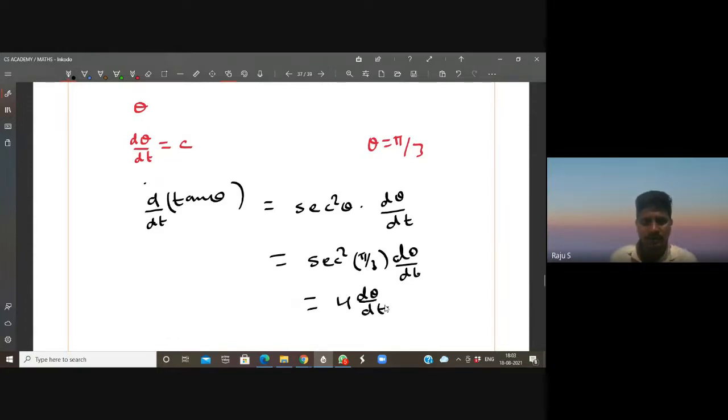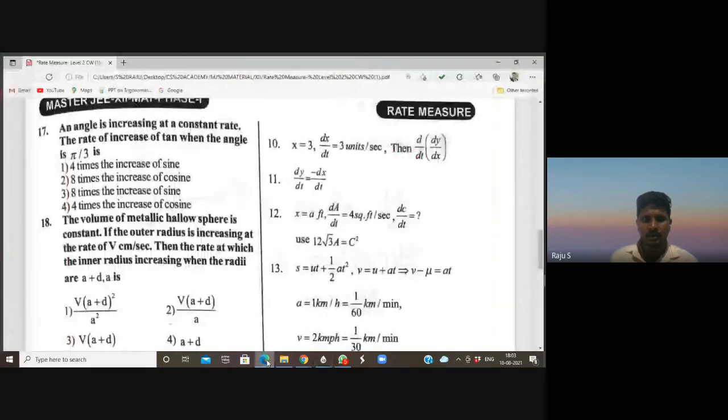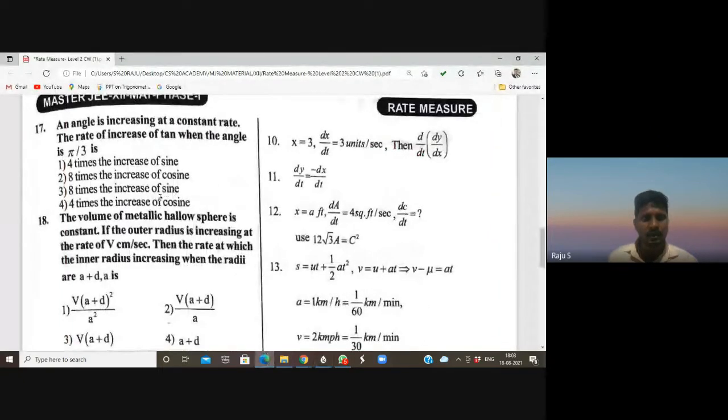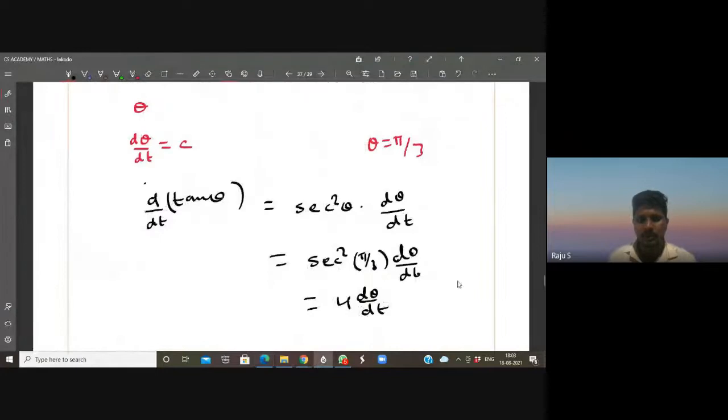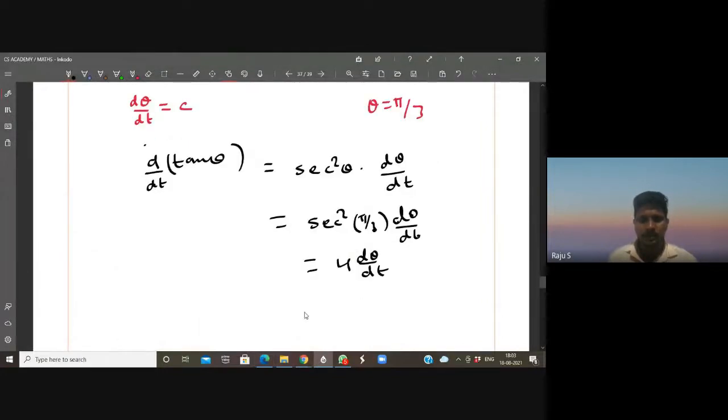Right, students? After that, what shall we do? This 4, I want to do one thing. According to the options, we can approach. Is it 4 times the increase, 8 times the increase of sine, like that is there? So let's see here, d theta by dt.